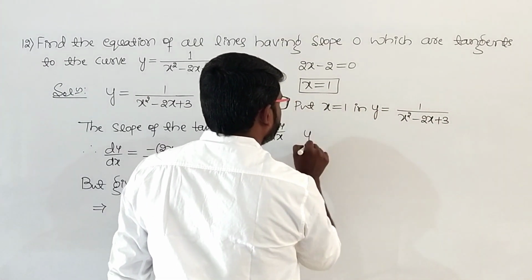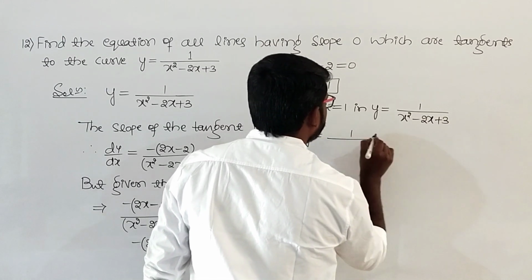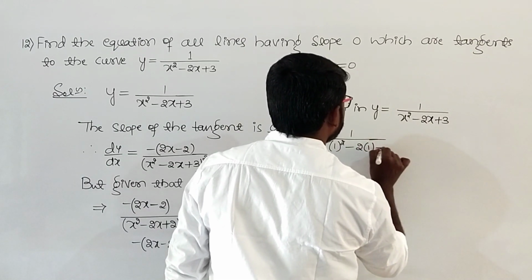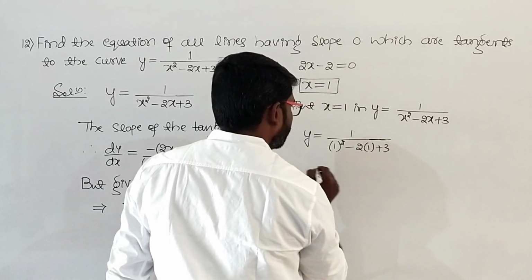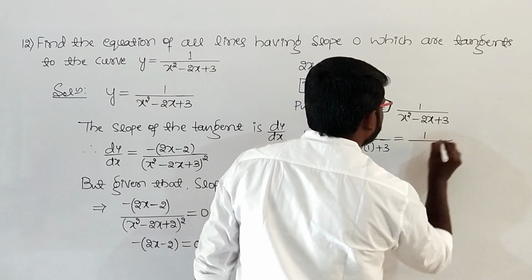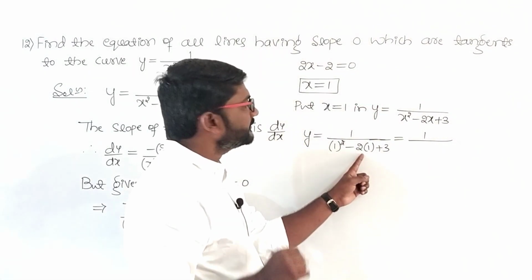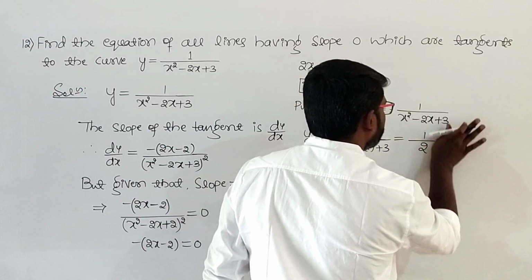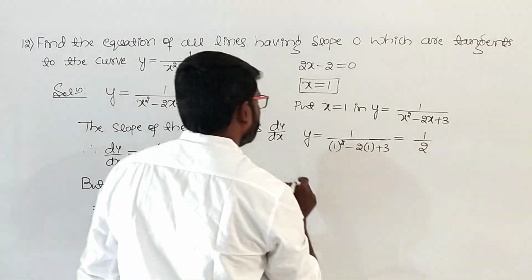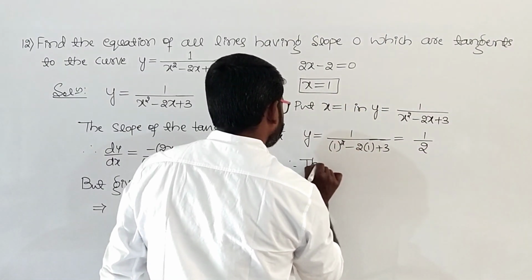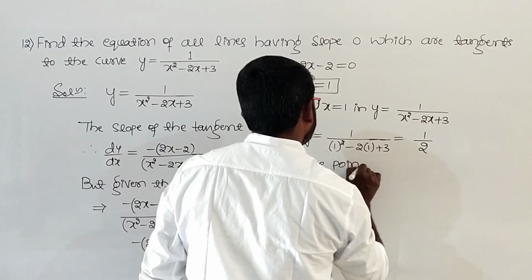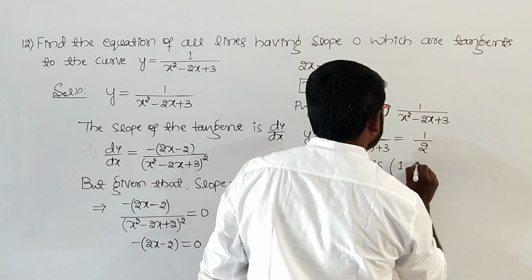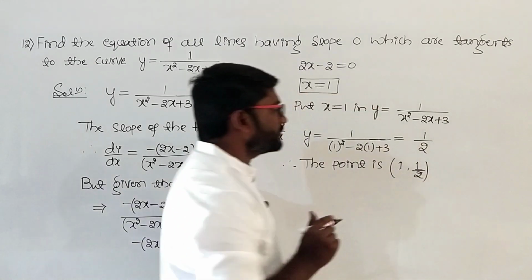Then we get y equals 1 divided by 1 square minus 2 into 1 plus 3. So this equals 1 divided by 1 minus 2, which is minus 1, plus 3, which is 2. So overall you get the y value as 1 by 2. Therefore the point is 1 comma 1 by 2.